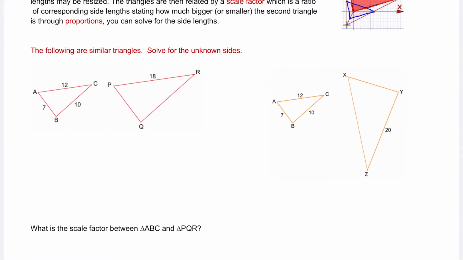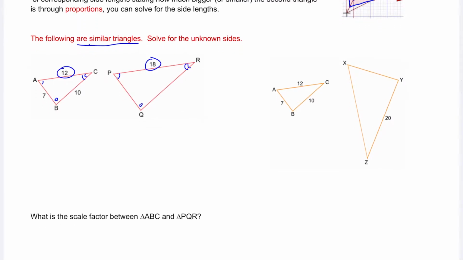So first, we have to understand that we're being told these are similar triangles, so we don't have to question it. It seems pretty obvious that P would be equal to A, that B would be equal to Q, and that C would be equal to R right there. So that would mean that this side is in relation to that side.